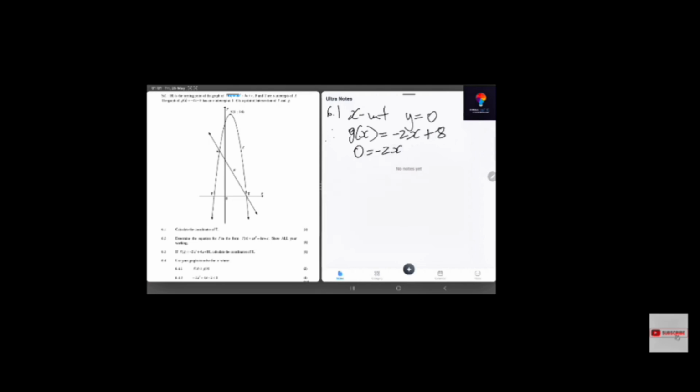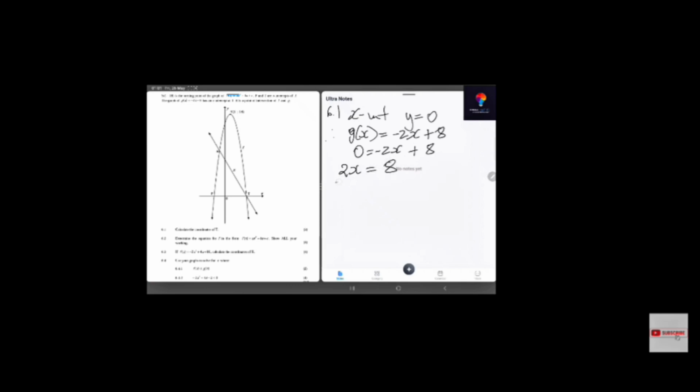Minus 2x plus 8. So we have to get the value of the x-intercept because already we have the value of the y-intercept. Therefore, this is how we're going to go about the equations. Minus 2x is going to come on the left side, and it will become positive, which is going to be equals to 8.